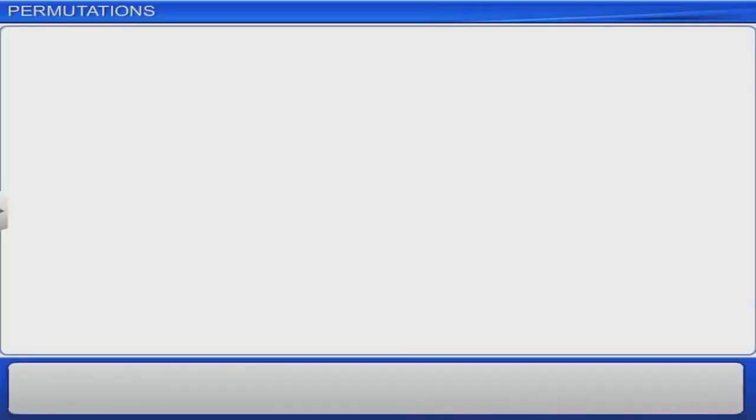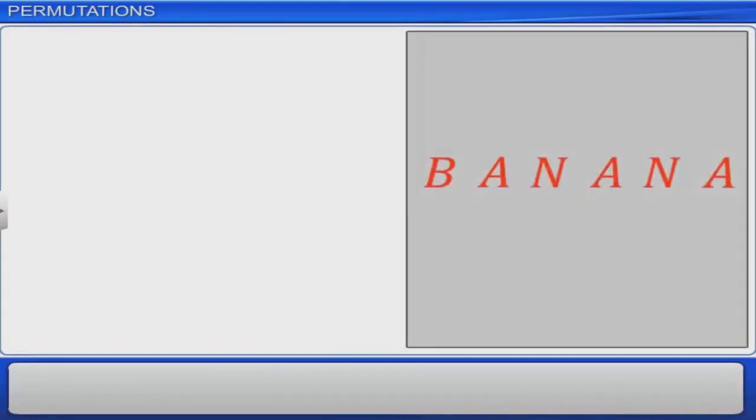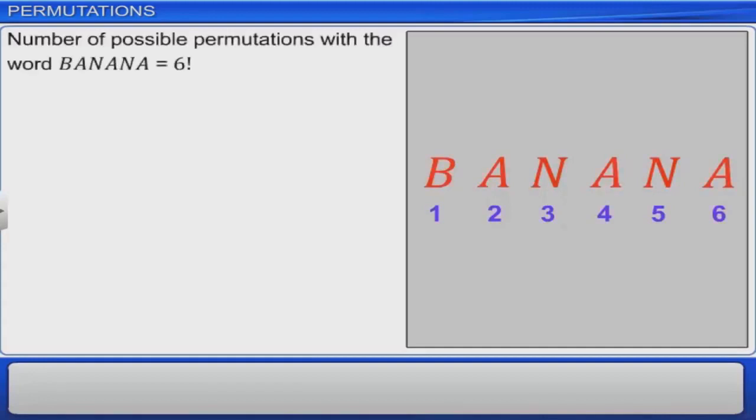So far, we have seen permutations where only one type of object is repeated. Let's now take a look at permutations where more than one object is repeated. In the word banana, there are 6 letters. The letter A repeats thrice, while the letter N repeats twice. The number of permutations possible with the word banana is 6 factorial.